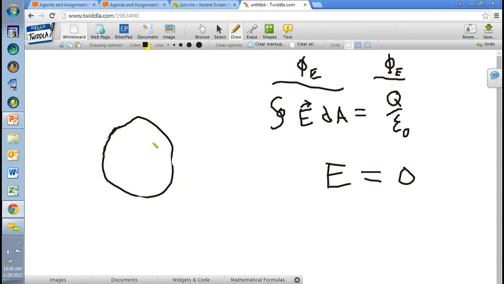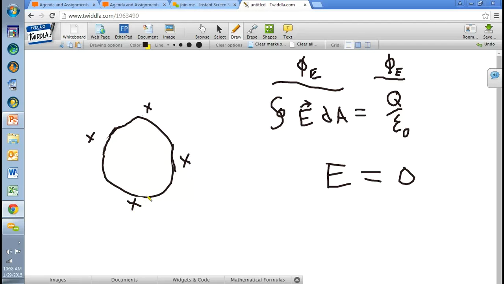Again, a spherical hunk of metal, and it had a charge on it. Yes, right, Raj. All the charge would be on the outside. Even if it was a solid hunk of metal, all the charge would be on the outside. So we have a positive charge out here, positive charge out here, positive charge out here, because those charges want to get as far away from one another as possible.